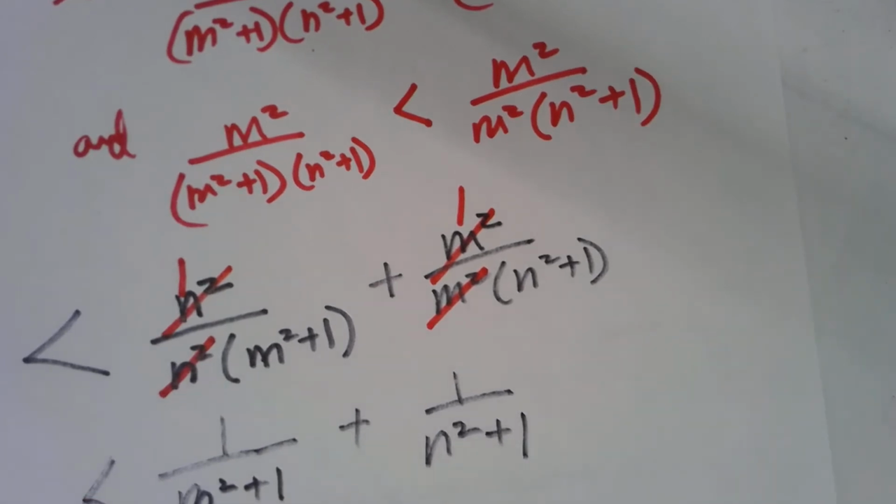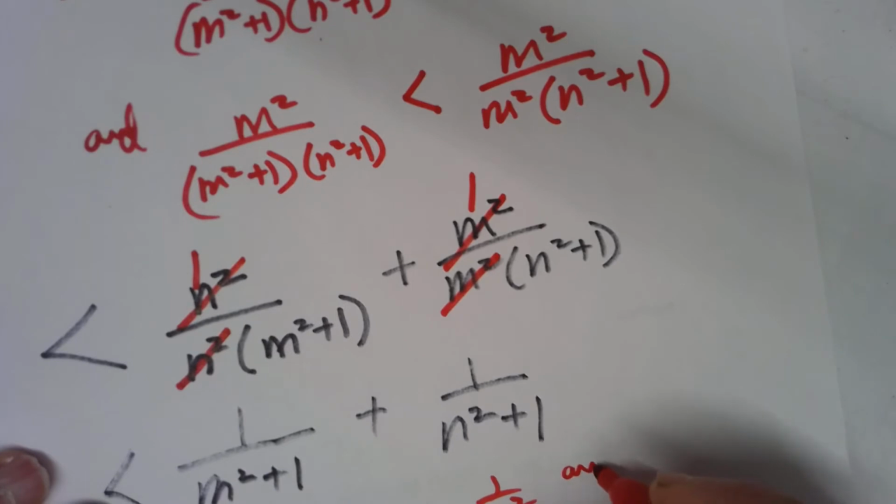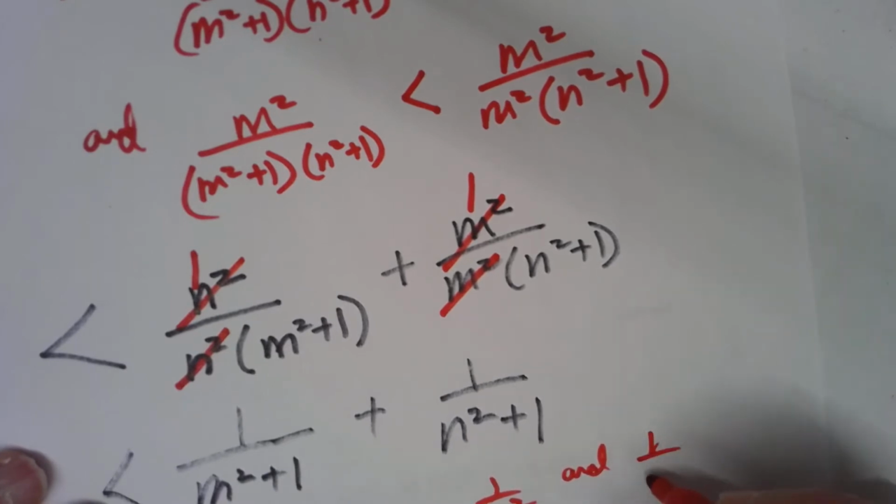And so we can do some further analysis here, since 1 over m squared plus 1 is less than 1 over m squared, because the denominator is larger, so the fraction is going to be smaller. And we can say that 1 over n squared plus 1 is less than 1 over n squared.